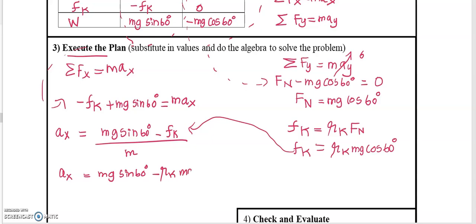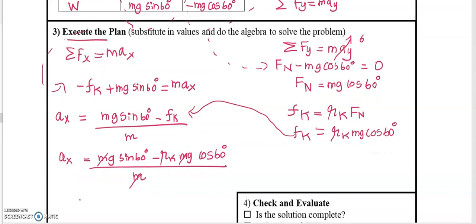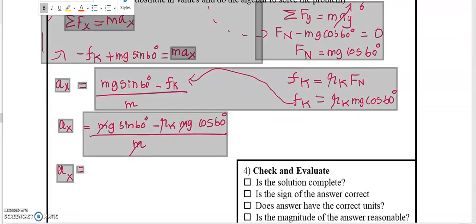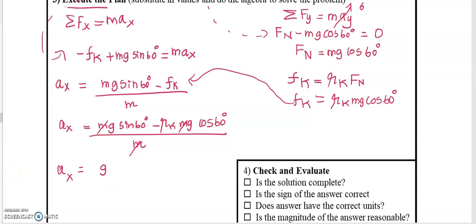I'm going to substitute it here for the kinetic friction. Divide that by the mass m, and you can see mass is common in all the terms, so you can separate out mass from the numerator and then just divide each term by m. Once you do that, you get acceleration is equal to g sine 60 minus mu k g cosine 60.